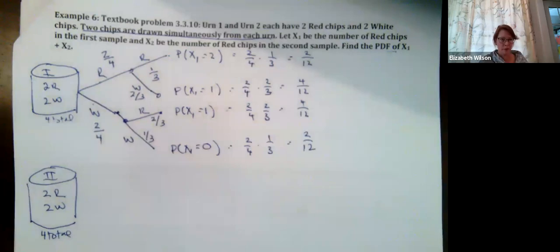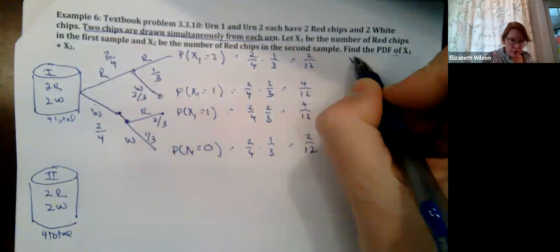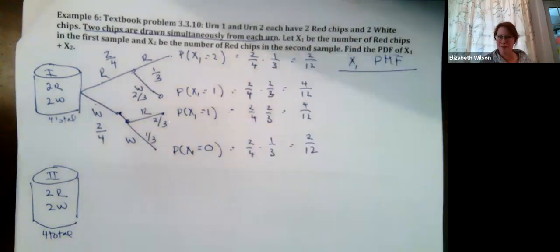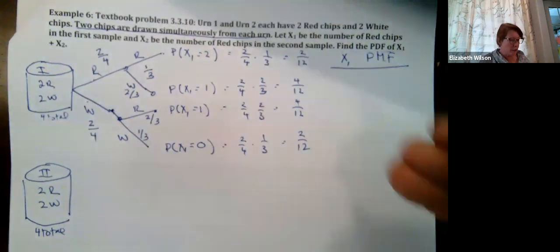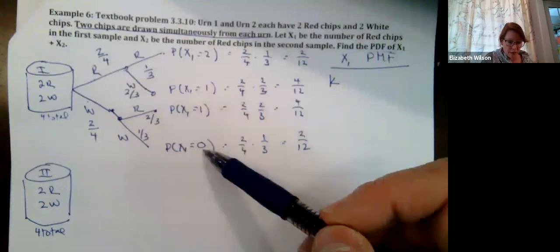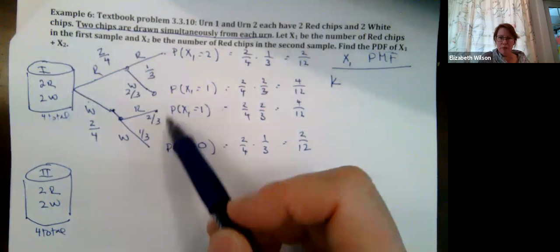Okay, so let's come up with a PDF for our x1. I'll do it off here to the side. We'll call it a probability mass function because we're in the discrete case. My k value is going to be 0, 1, or 2 as possibilities for how many red chips I can get out of this first bucket.